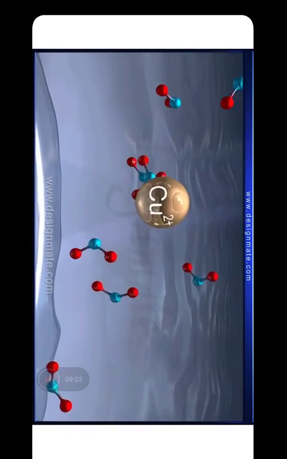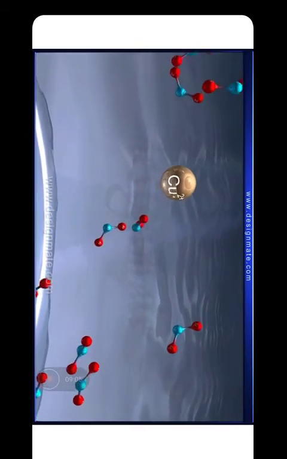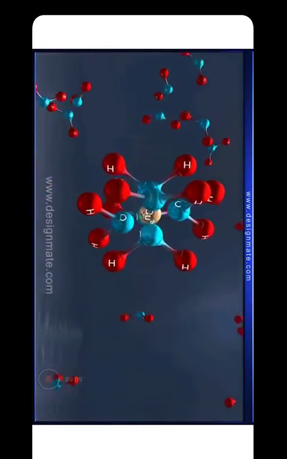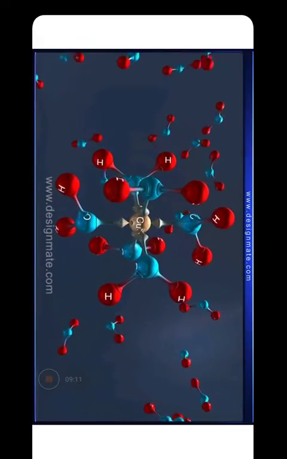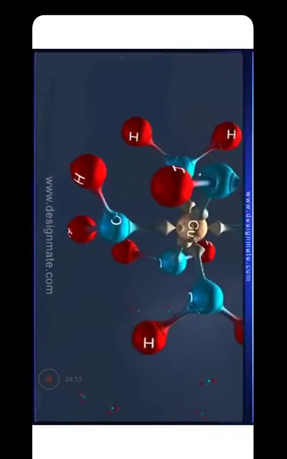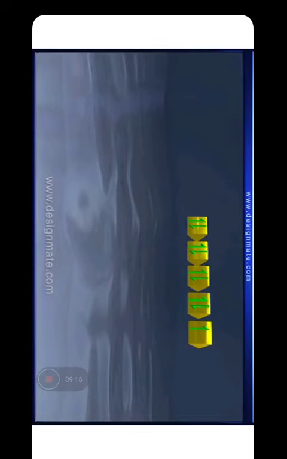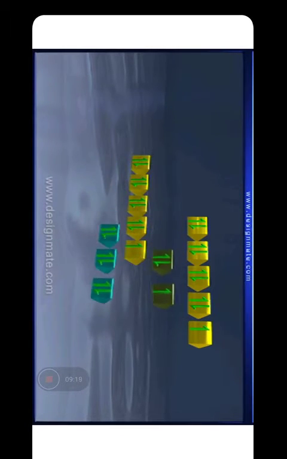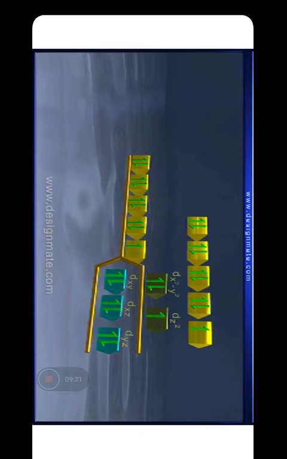The ligands, that are water molecules, approach the copper ions and form 6 coordinate bonds. Thus, hexaaquacopper 2 ion is formed. This bonding splits the 3d orbitals into 2 different sets of sublevels, in which 2 occupy a higher energy level than the other 3. The magnitude of splitting of 3d orbitals depends on the oxidation state of the metal and the nature of the ligands.